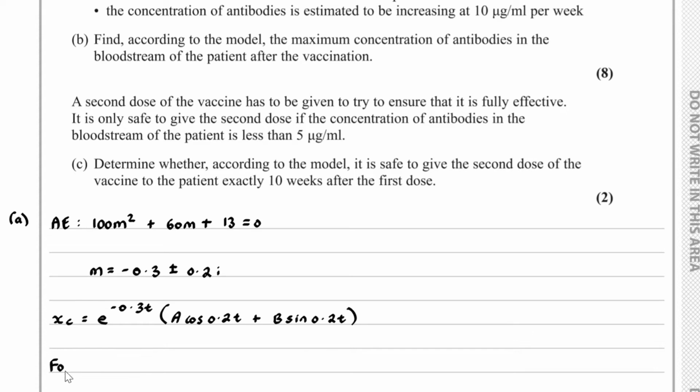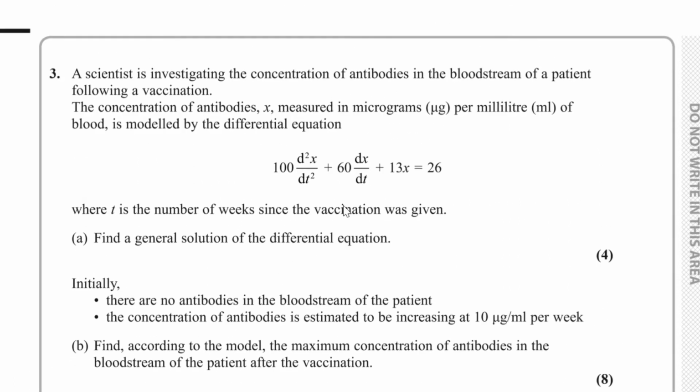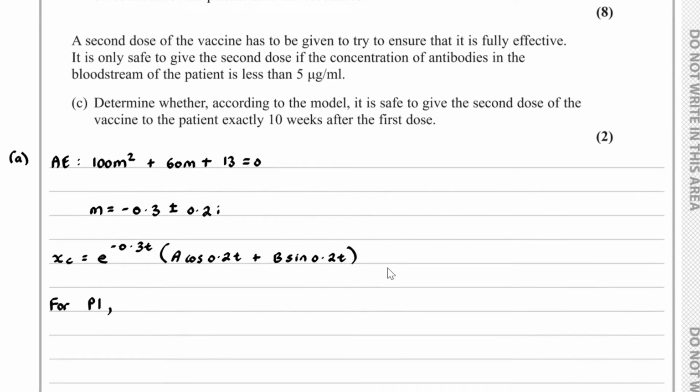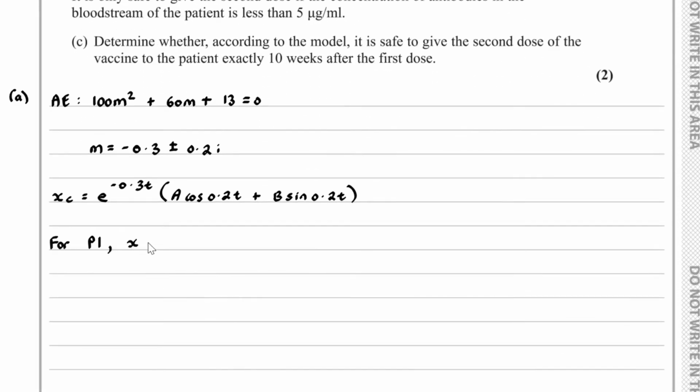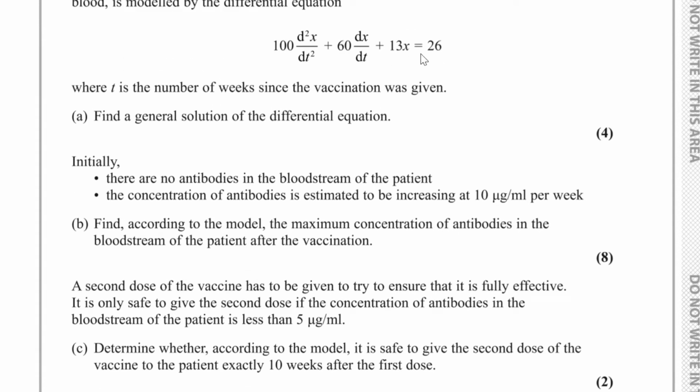And now for the particular integral, you can see here we've got a constant term, so the particular integral will be of the form x equals p. And if we differentiate this twice, dx over dt is equal to 0, and d squared x over dt squared is also equal to 0. We now need to substitute these back into this equation here.